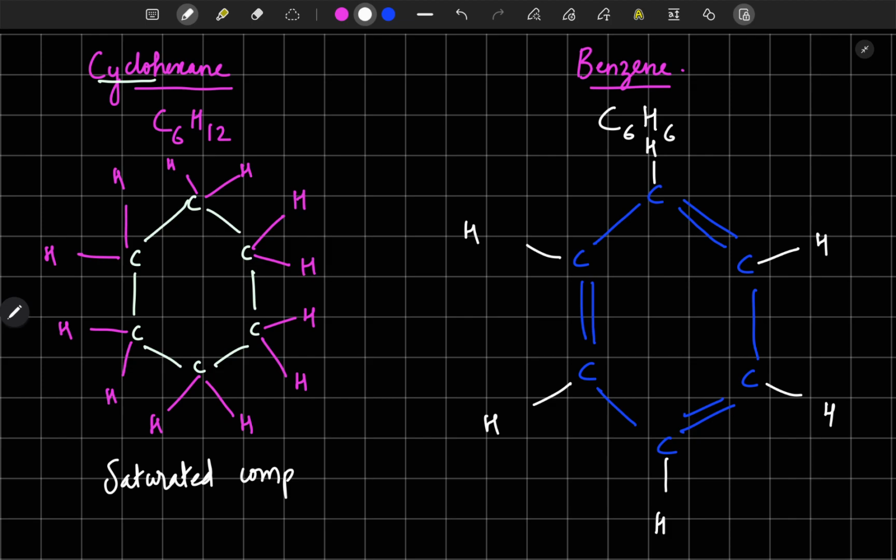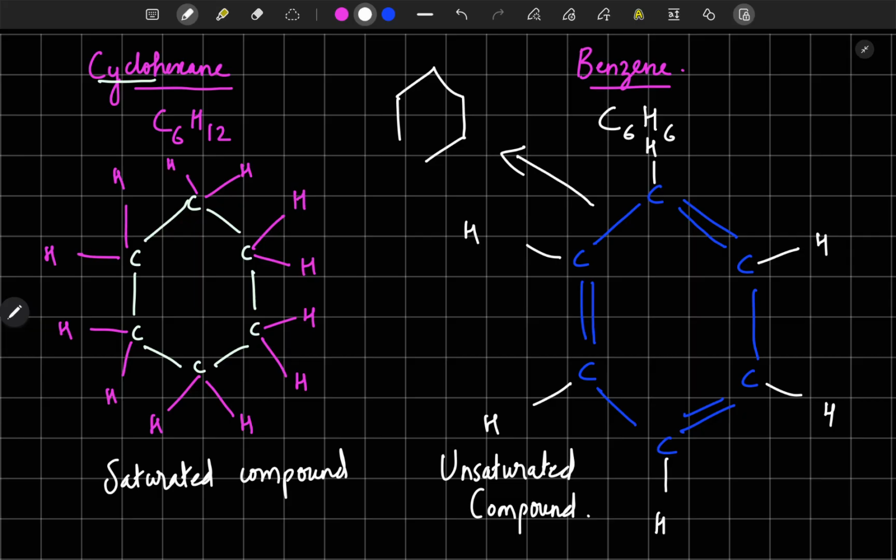Cyclohexane is a saturated compound. This one, what will it be? Yes, this is an unsaturated compound. This benzene structure, we can also draw easily like this for simplicity.